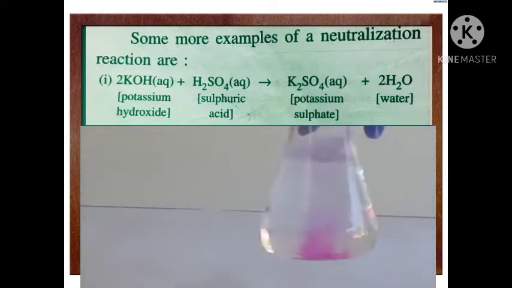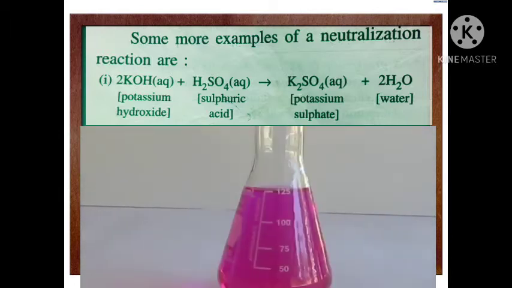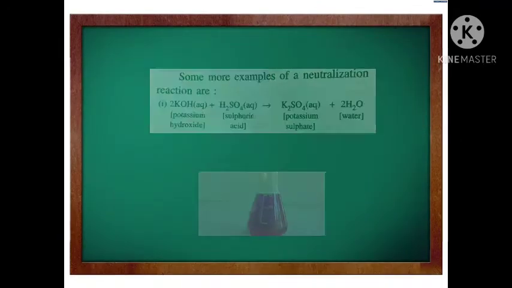Now we can observe a color change. This shows that acid and base react to form salt and water. The effect of the acid is neutralized by the base potassium hydroxide.